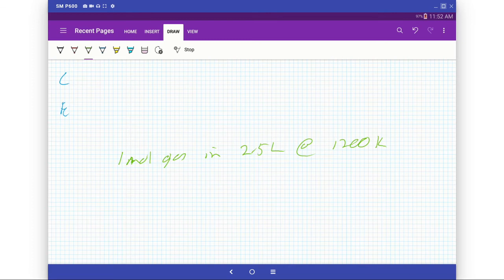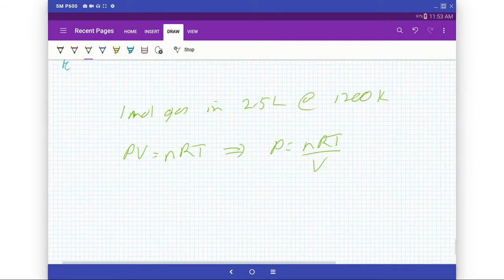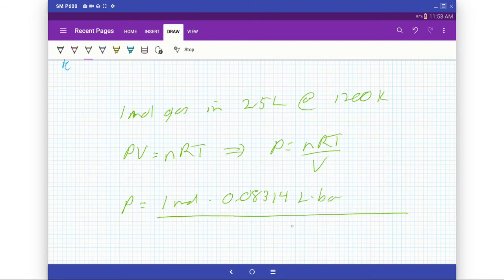And so using the ideal gas law, what we get is the pressure. And here, pressure is equal to, putting in all the units, 1 mole. The R value we need is the one that converts from bars and moles per liter, 0.08314 liters bar per mole Kelvin. The temperature was 1200 Kelvin, and this was in a volume of 2.5 liters.